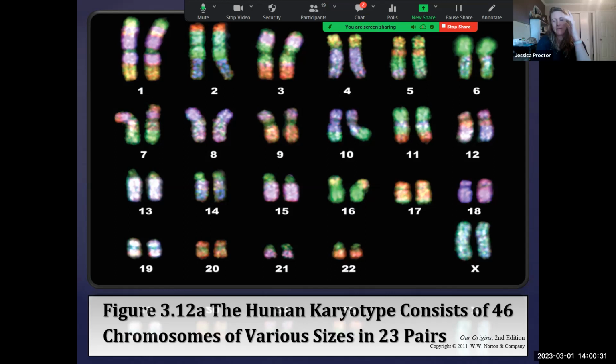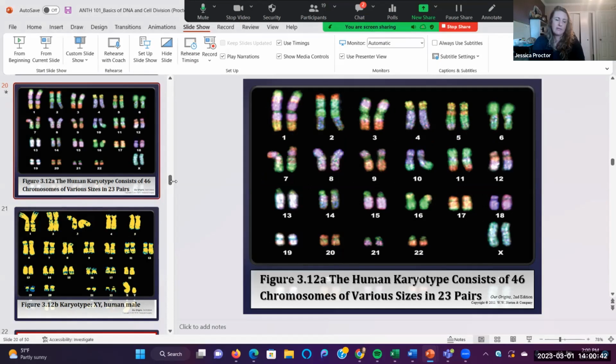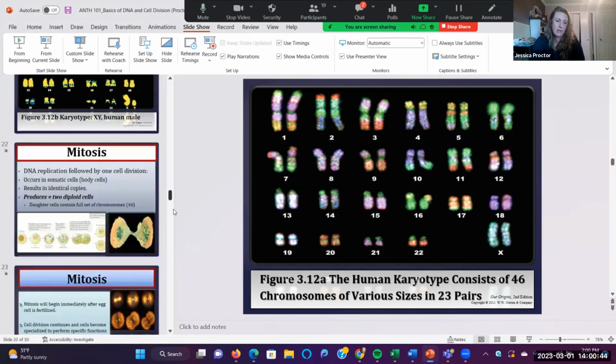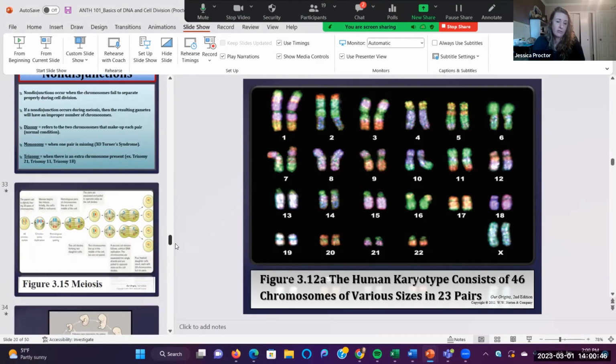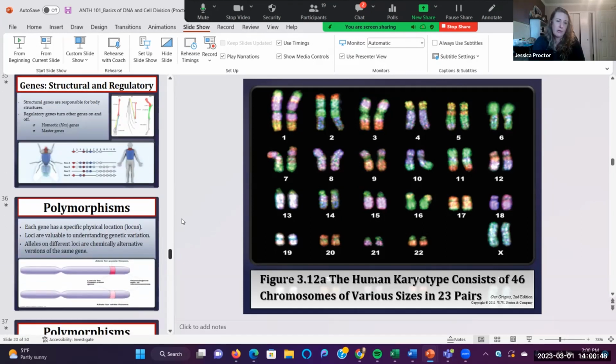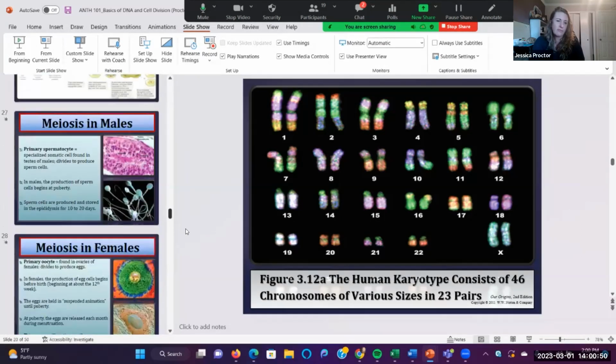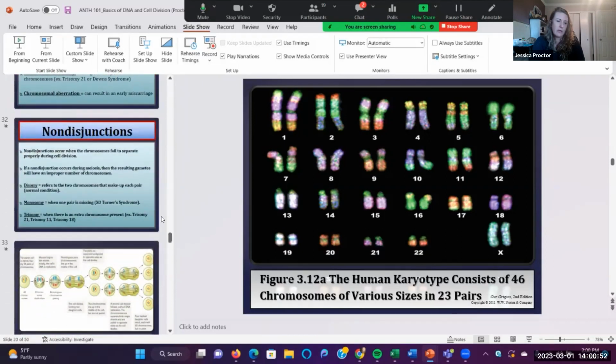One of them is Edwards syndrome and one of them is Patau, but trisomy 11, I believe, is Edwards, and then trisomy 18 is Patau syndrome. So those are 3 common chromosomal abnormalities that can occur in humans. But some of those chromosomal aberrations are simply too severe for survival. So chromosomal aberration will oftentimes result in an early miscarriage.